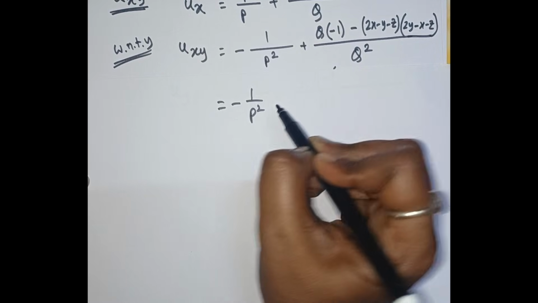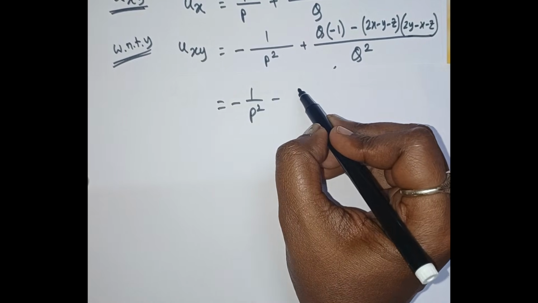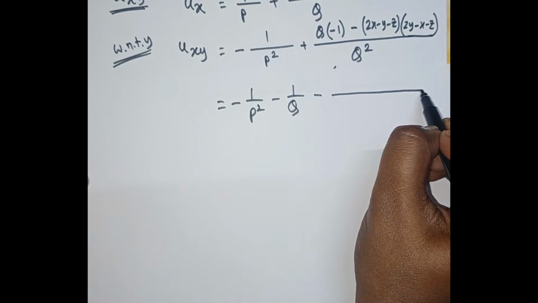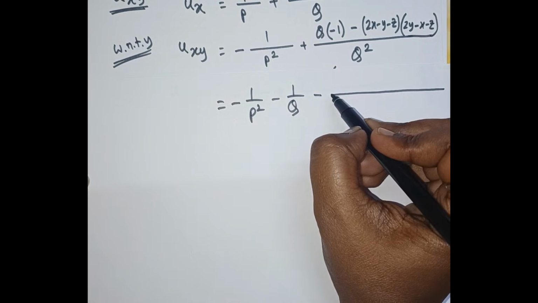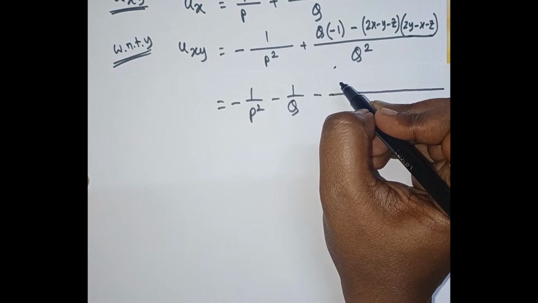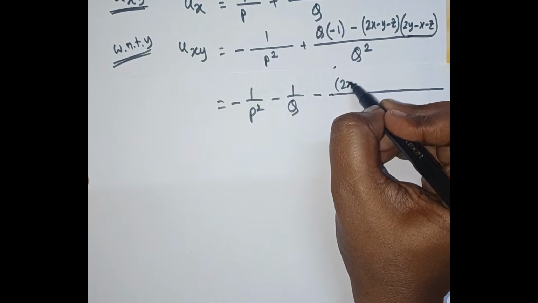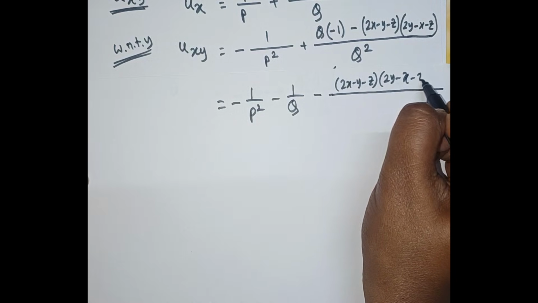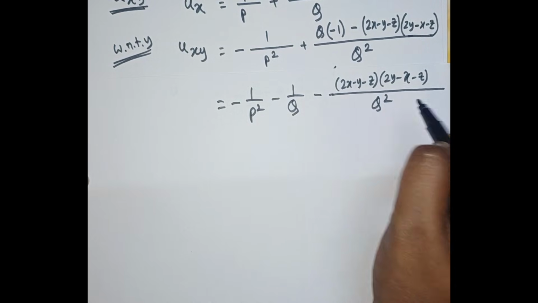So finally minus 1 by p square minus 1 by q and then minus 2x minus y minus z into 2y minus x minus z by q square, and then the denominator is q square.